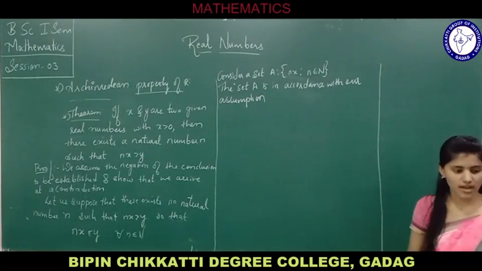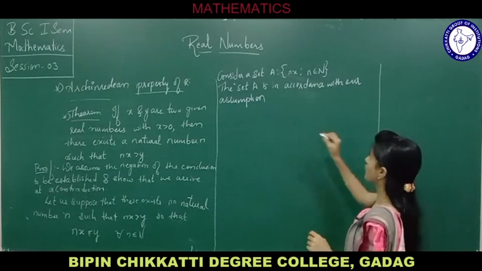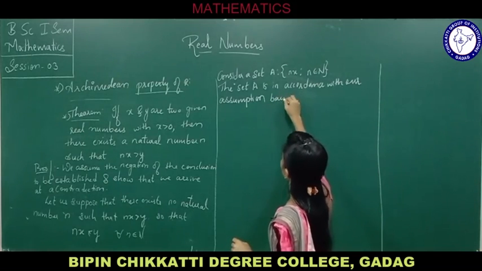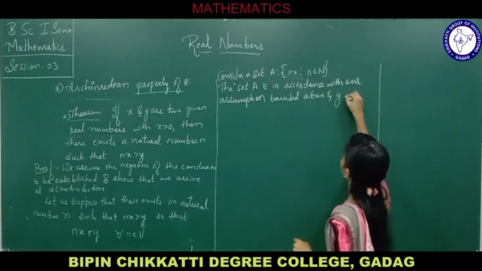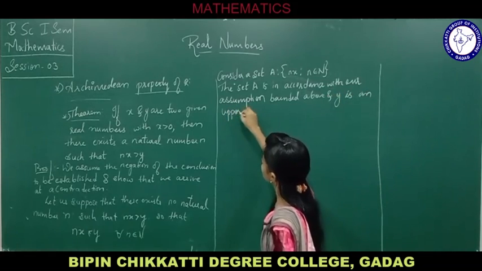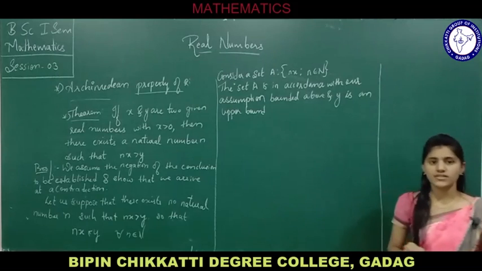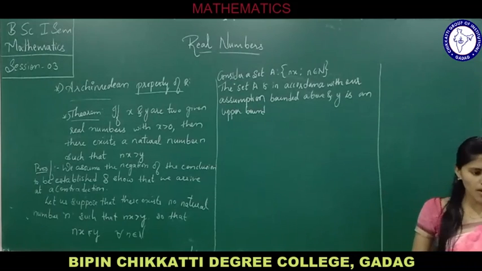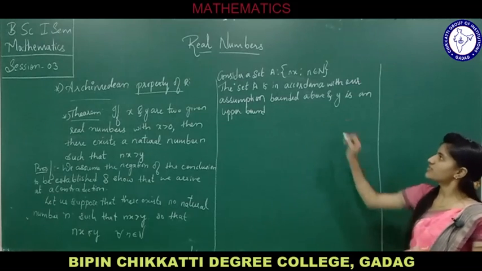In accordance with our assumption, A is bounded above and y is an upper bound. A set A is there which is satisfying the statement by having the upper bound y, which is bounded. Y is an upper bound of this same set.